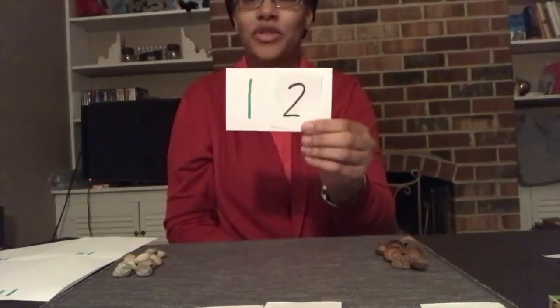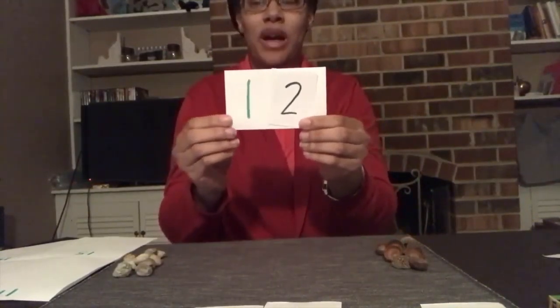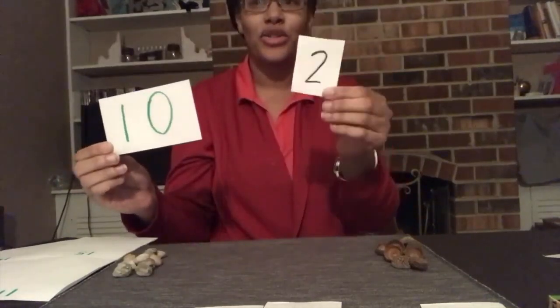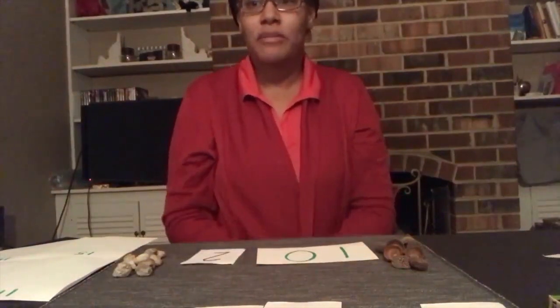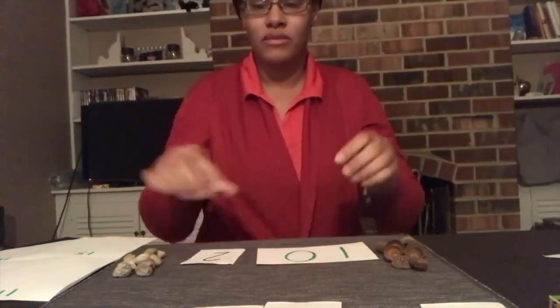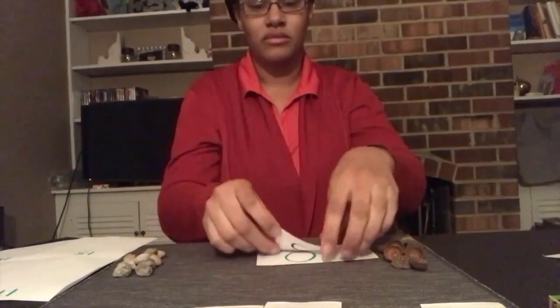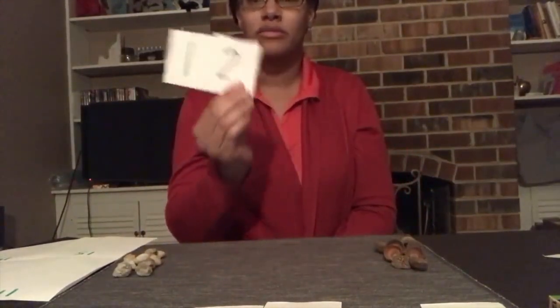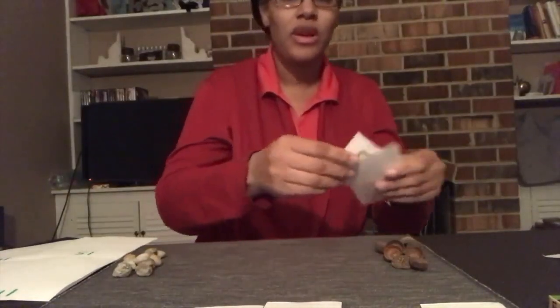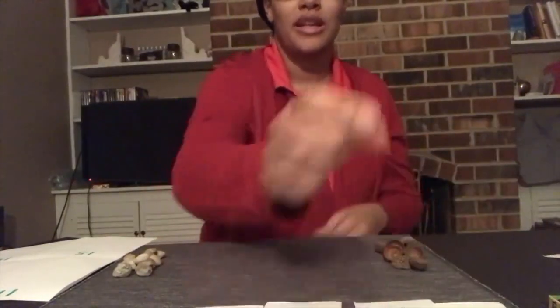I can show that my number 10 and 2, so 10 and 2 make 12. It also matches my card, 12. So you're welcome to make number cards like that, but you don't have to make them to show your work today. That's optional. So you can save that piece of paper if you don't want to make your number cards.